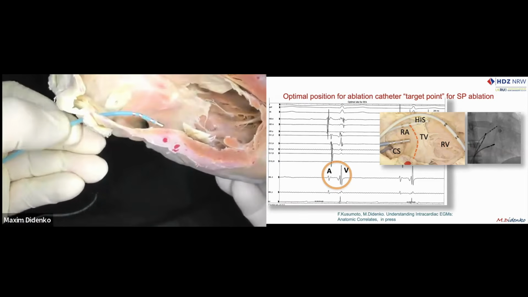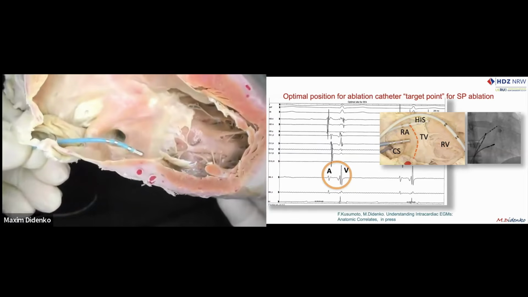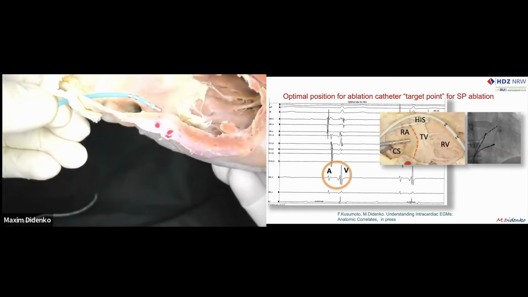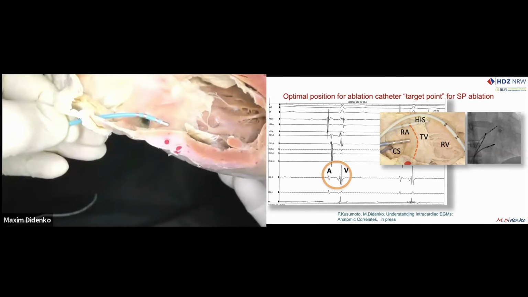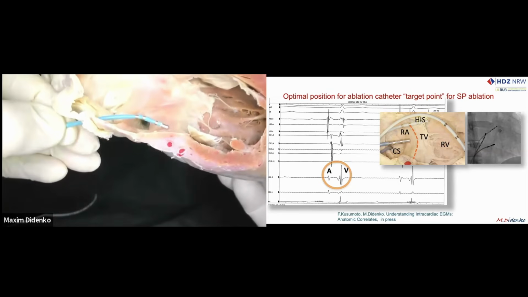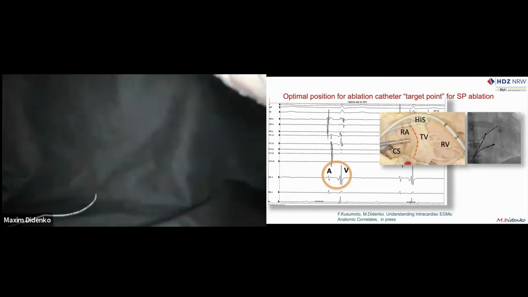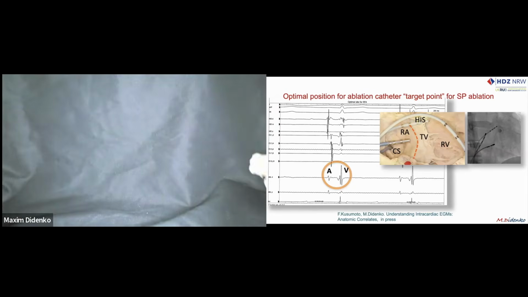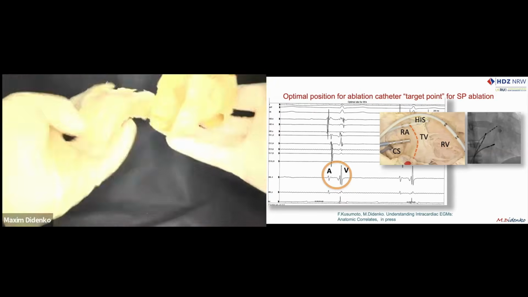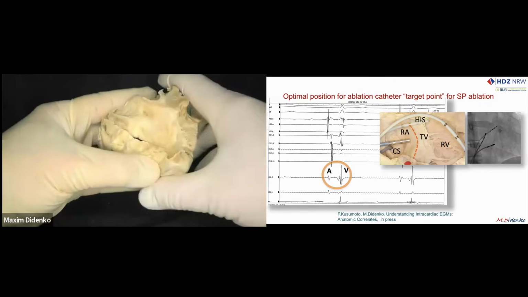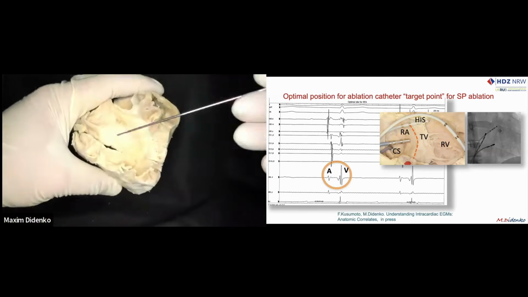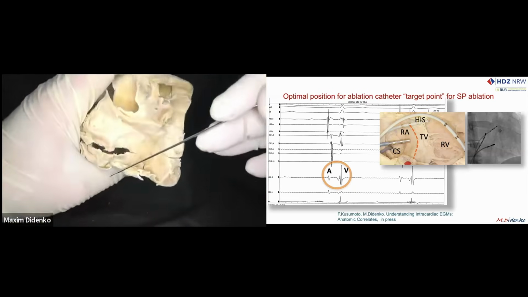For example, if we go to the area where the atrial flutter ablation is, then usually already here, just close to the tricuspid valve in the atrium, we will have a small ventricle spike and a bigger atrium spike. And if we take a look at this specimen here, I will show you. So this is our area projection, superior vena cava, inferior vena cava.